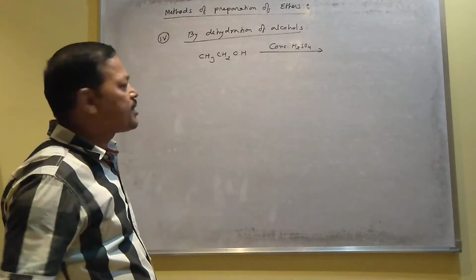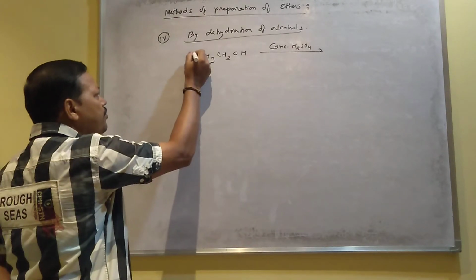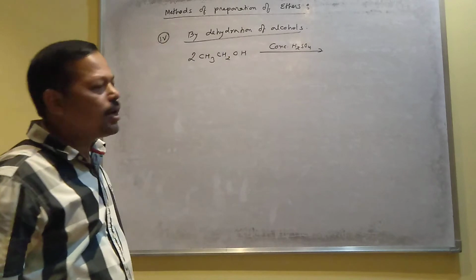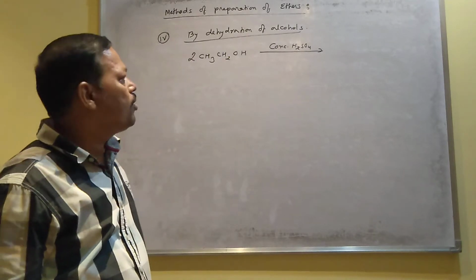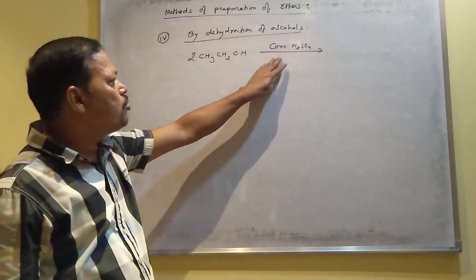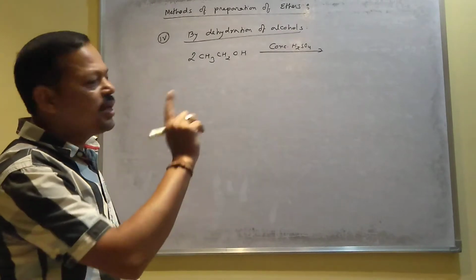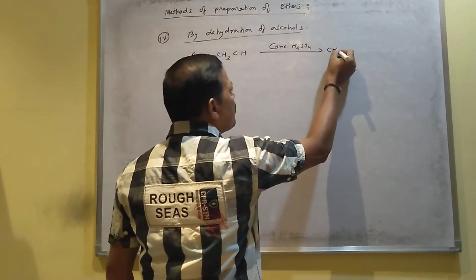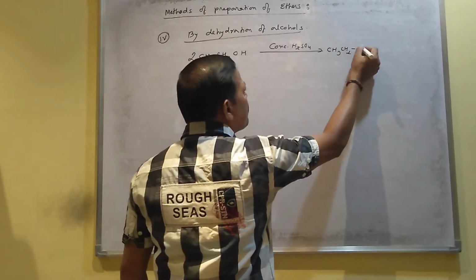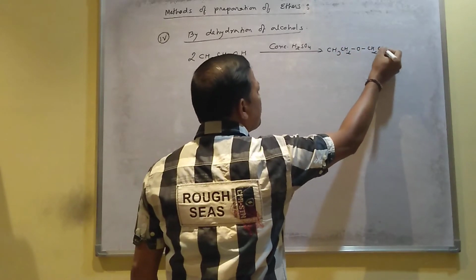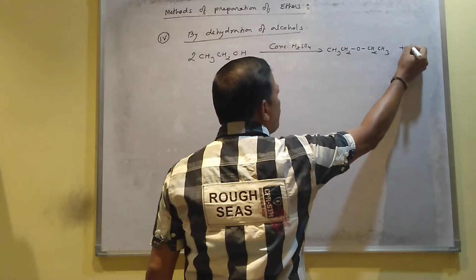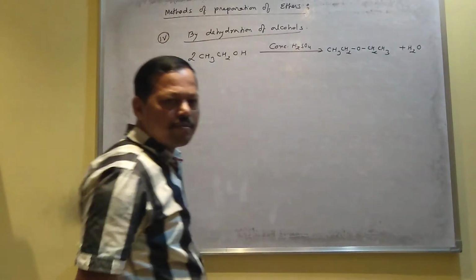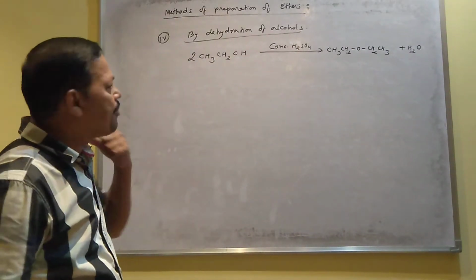But in this reaction, if you take more amount of alcohol, I mean excess alcohol, and you want to do dehydration, instead of alkene it produces ether like this, and water will be released from it. Have you got it?